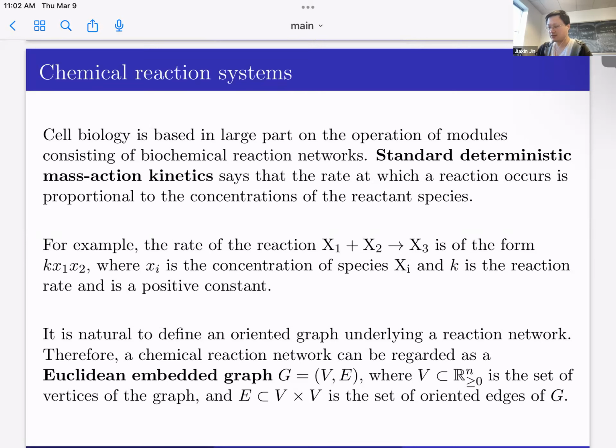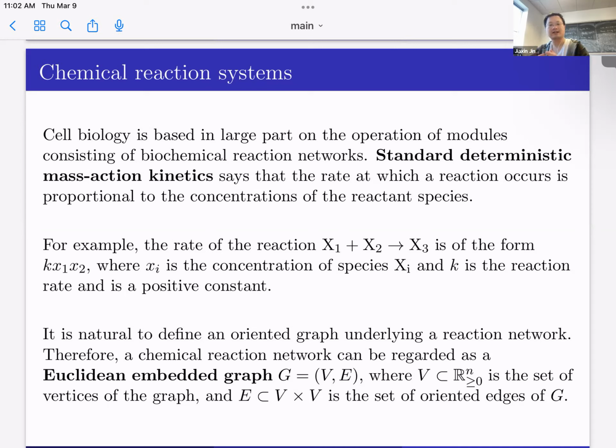Mathematicians want to have a nice picture to demonstrate this reaction network. One tool is called the Euclidean embedded graph, where we consider every reactant and product, or complex, as a vertex on the graph.